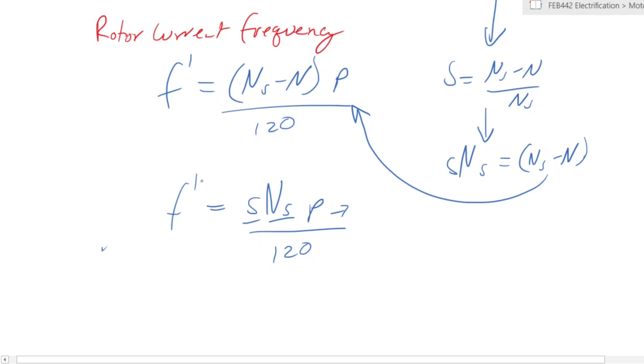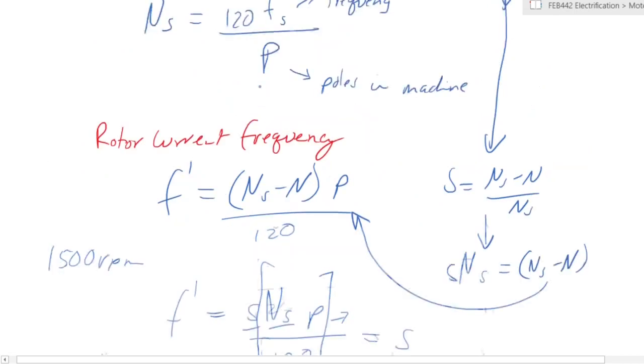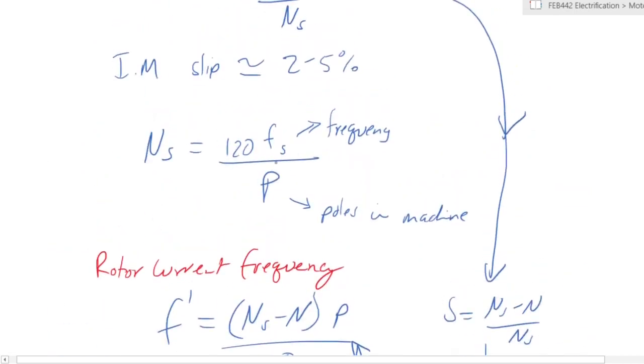This tells us that if, for example, the synchronous speed of your stator rotating magnetic field is, say, 1500 RPM, the frequency within this rotor will be equal to S times the frequency here, okay?